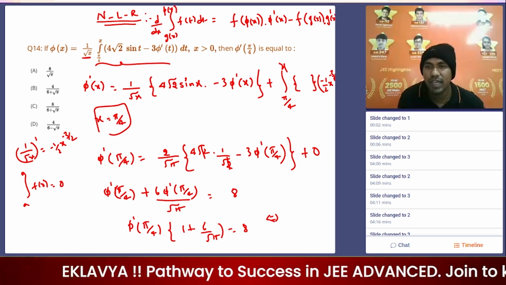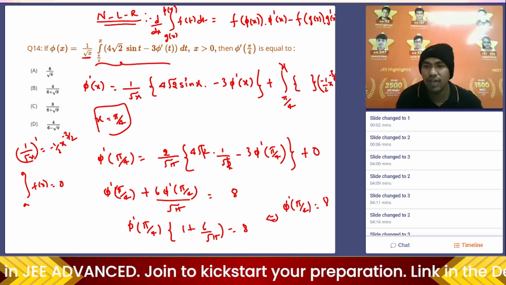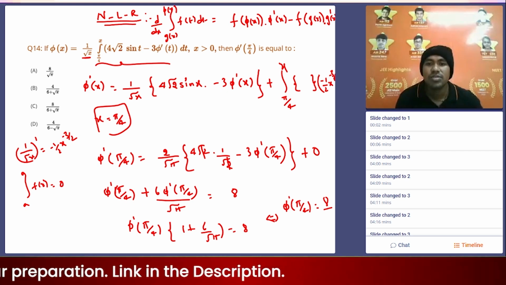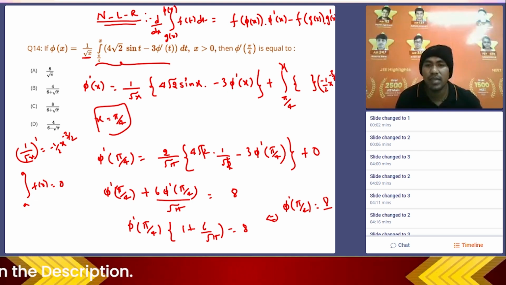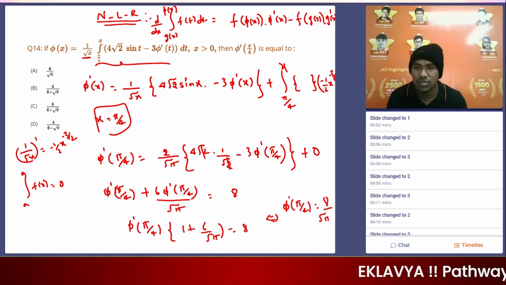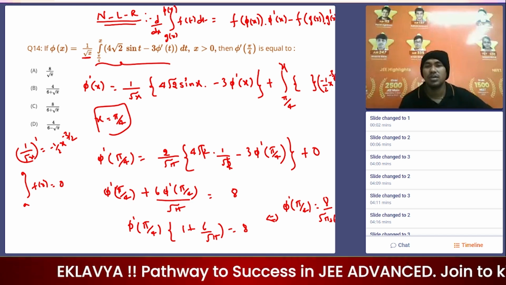So from here they are asking for the phi dash of pi by 4 value only. The phi dash of pi by 4 value will become 8 by, what will happen here? Root pi and 6 here, so root pi plus 6 you will get. Is it clear?